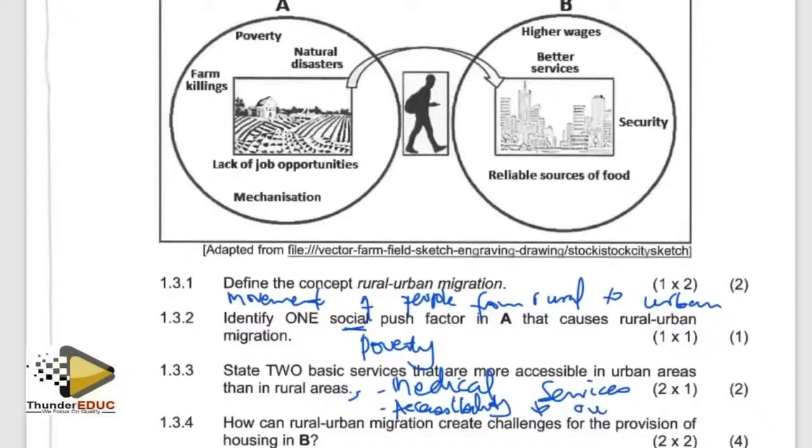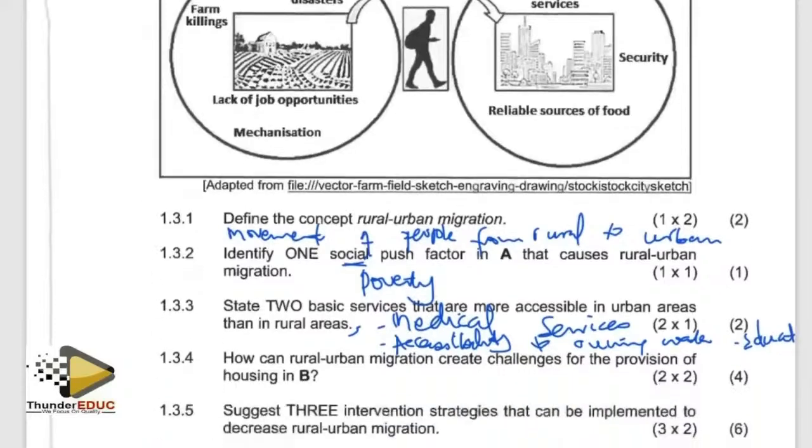Basic services like what? Better education. You can talk about better education. It's better in urban areas that makes them accessible.